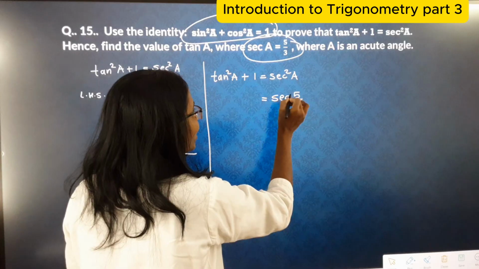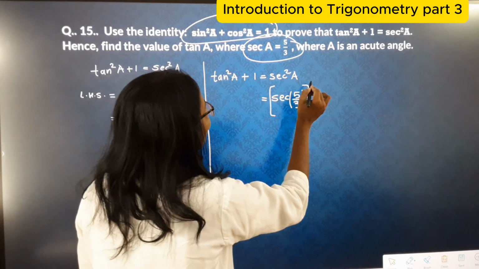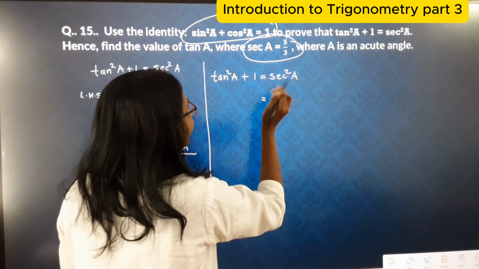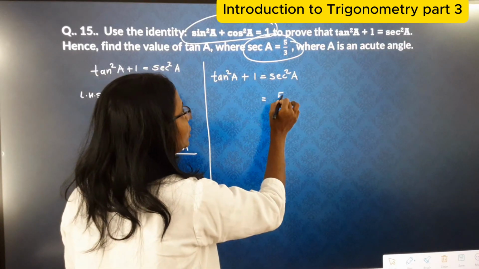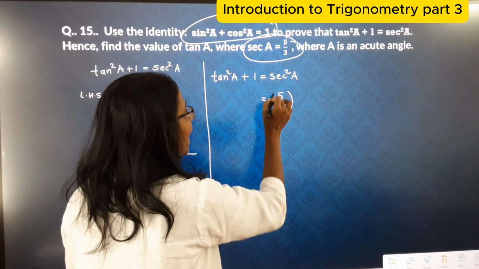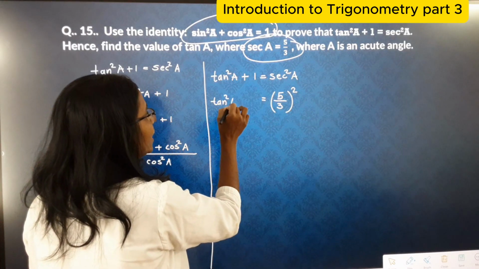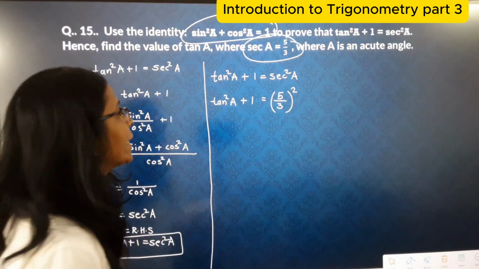So sec square A is 5 upon 3 whole bracket square. Okay, tan square A plus 1 is equal to 5 upon 3 whole bracket square.